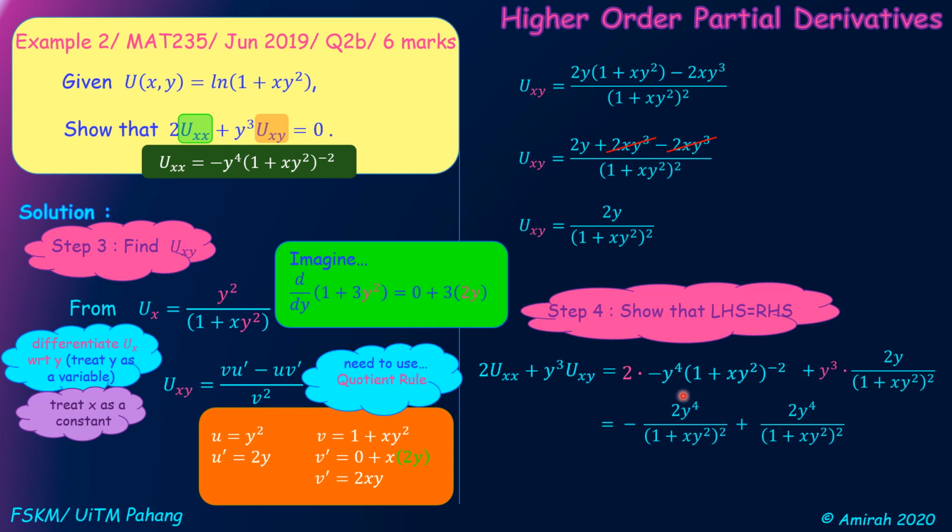We get the same term, but the first one has a negative sign and the second one a positive sign. So we can simplify and this term equals 0. From here, we have shown that 2uxx plus y cubed uxy equals 0. So it is shown.